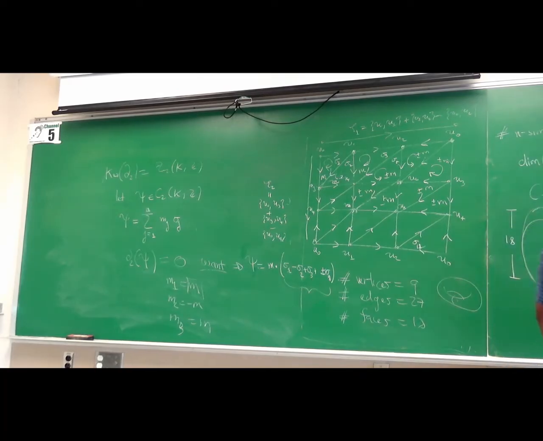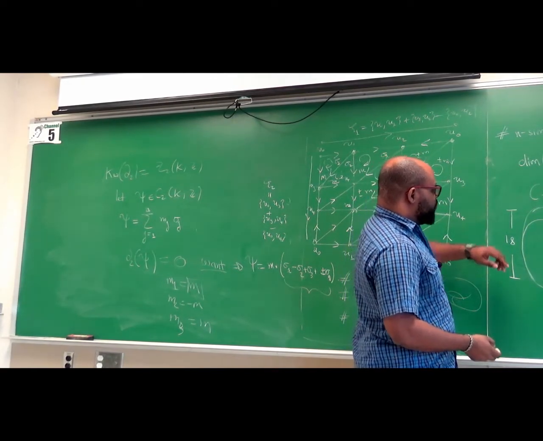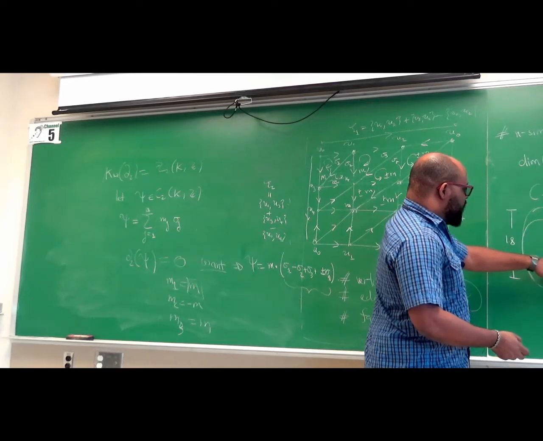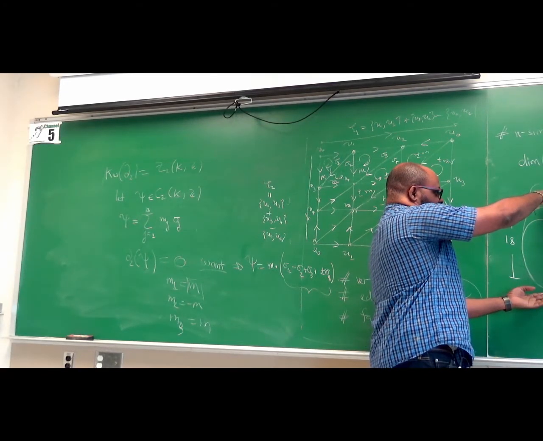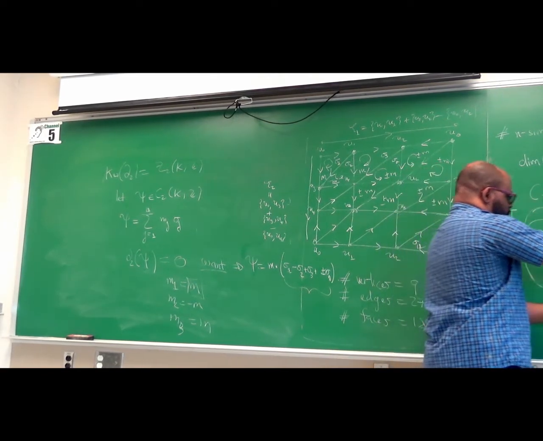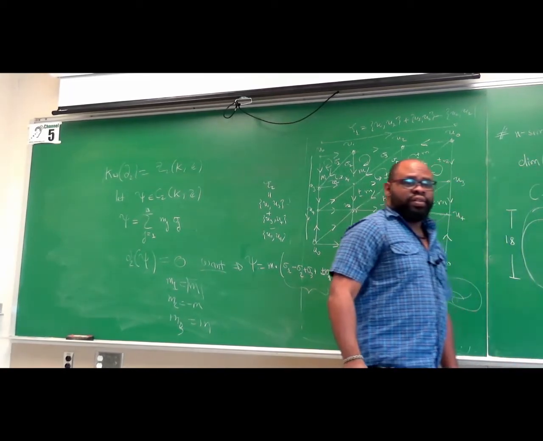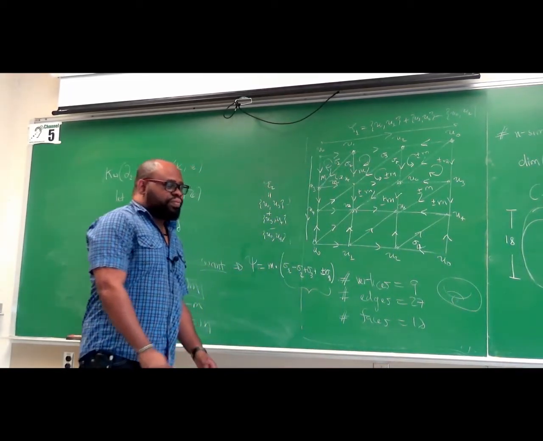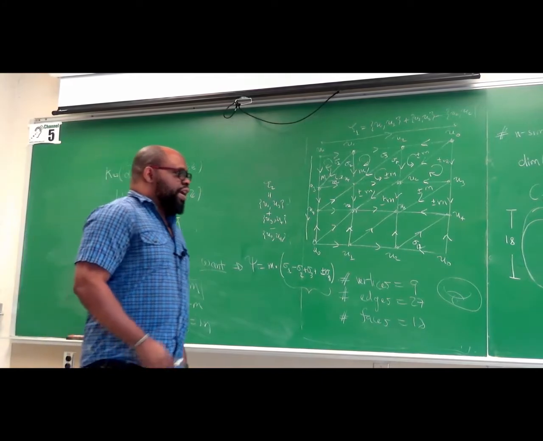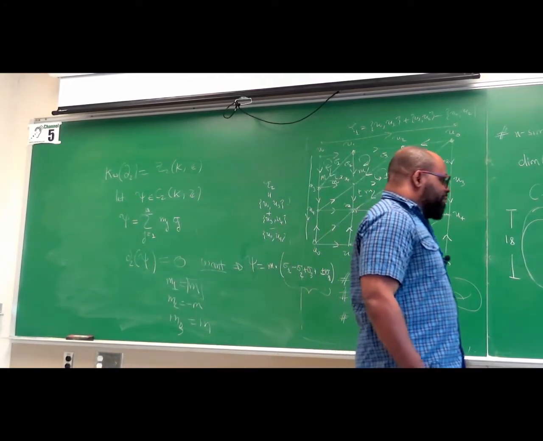Okay. So now we're ready to compute this guy. So it's going to be 17, right? By rank nullity. So if the kernel is 1 and the entire space is 18, then the image has to be 17. Okay. So what do we have?